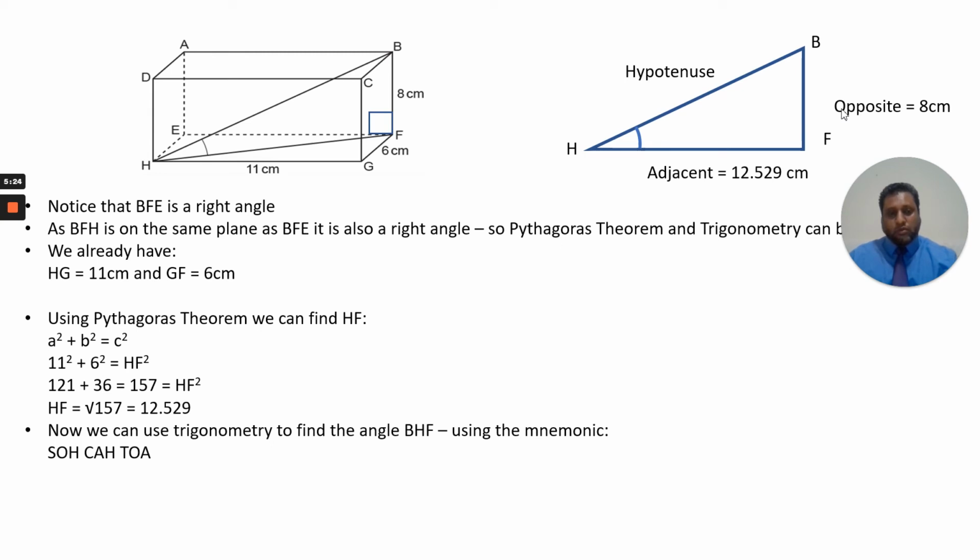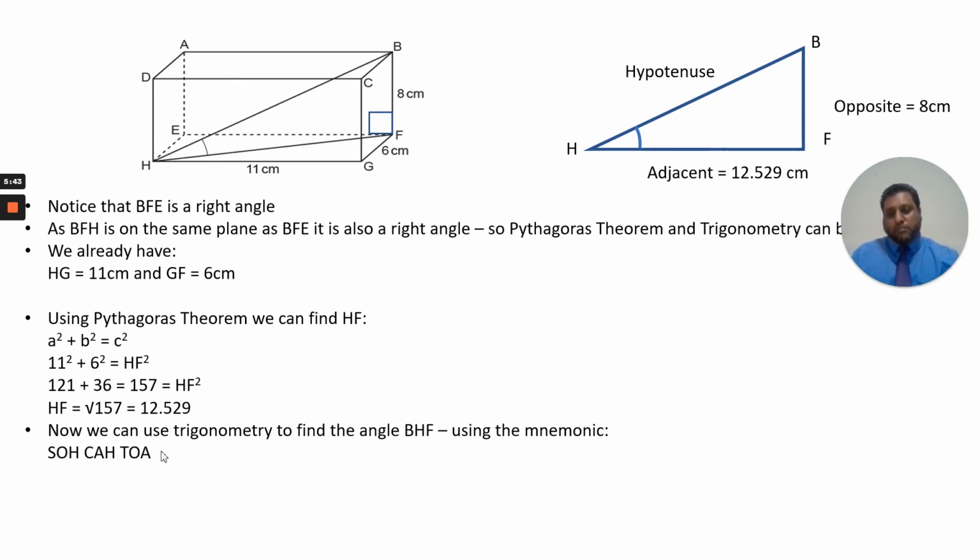We do know the opposite and the adjacent. So opposite to the angle is the line BF, which is 8 centimeters, and adjacent to the angle is the line HF, which is 12.529, which we worked out earlier.